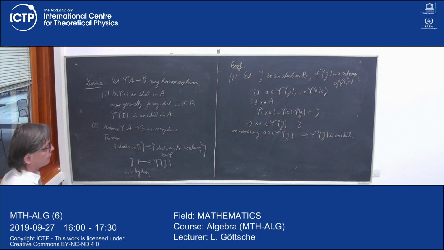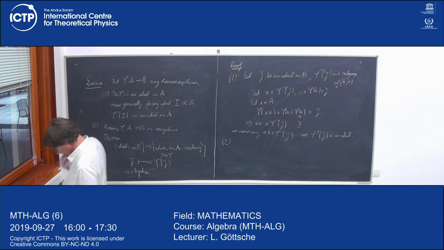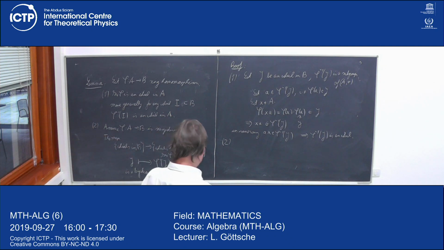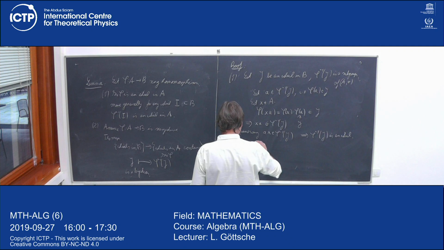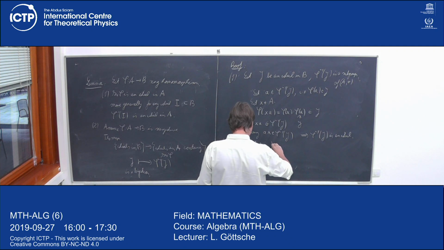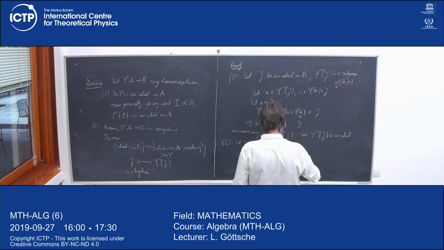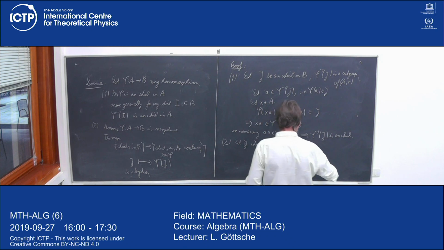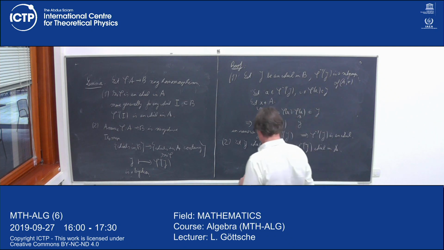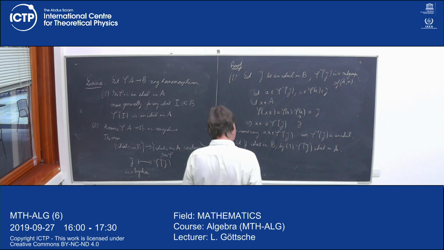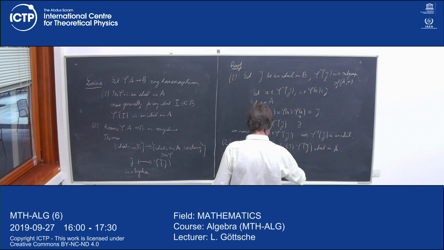Now we want to prove the second one. Let J be an ideal in B. So by the first part, we have phi to the minus 1 of J is an ideal in A. And clearly, phi to the minus 1 of J contains phi to the minus 1 of 0, which is the kernel of phi.